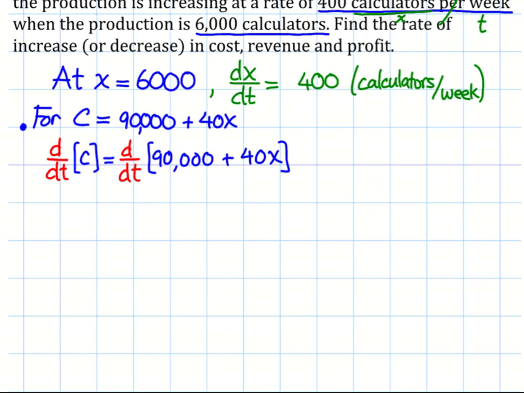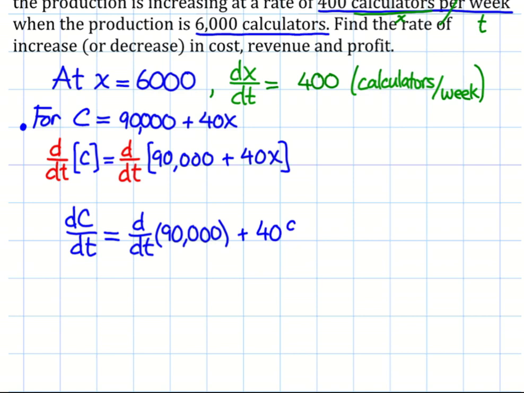The right hand side will give us dc over dt, and then we have the derivative of 90,000 plus the derivative of 40x with respect to t.